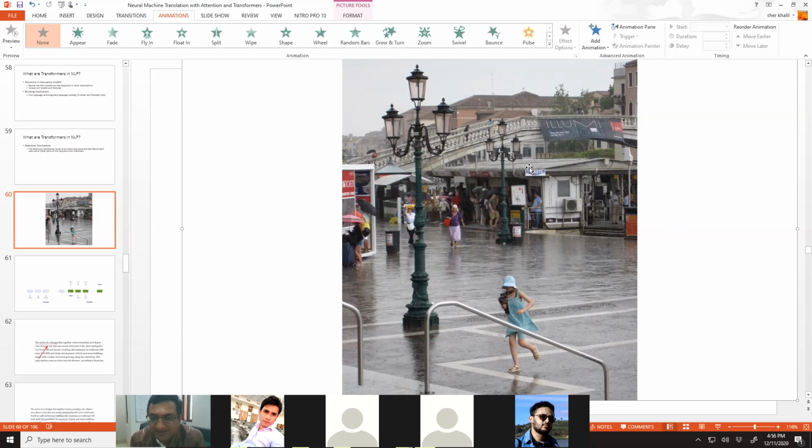This is exactly what the attention mechanism in NLP is doing. If you've got a big sentence and you're translating word by word, you focus on one word at a time, see its context, and perform the translation.